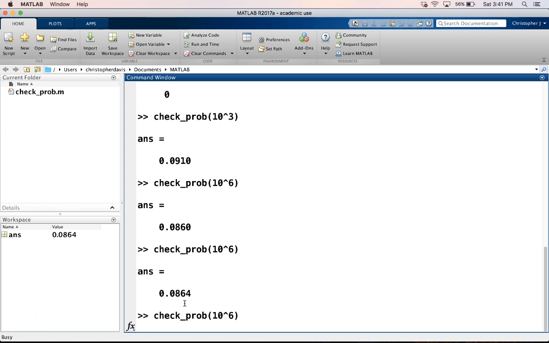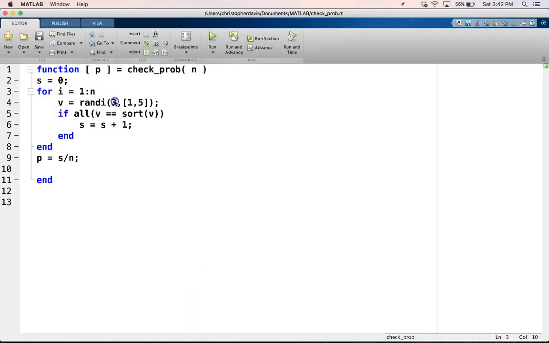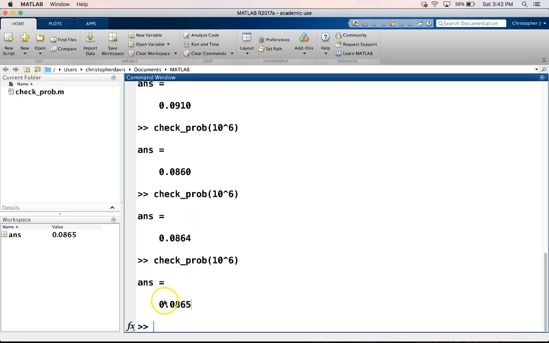Let me try it again. 0.086, then a little bit more. So this is a good sign that it's probably about 8% of the time that for these specific dimensions, integers 1 to 3, length 5, probably about 8% of the time, or 0.08 or 0.09, I guess if I round it, so 9% of the time is the vector already sorted.